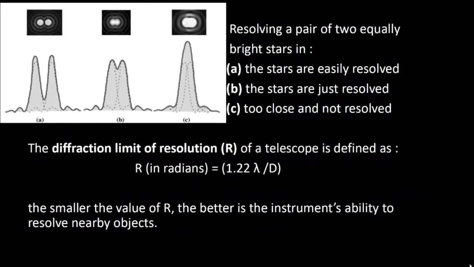This limit is given by R, the diffraction limit of resolution, and it is equal to 1.22 lambda divided by D. So this is the formula for calculating the diffraction limit of resolution. The smaller the value of R, the better is the instrument's ability to resolve nearby objects. Next slide.